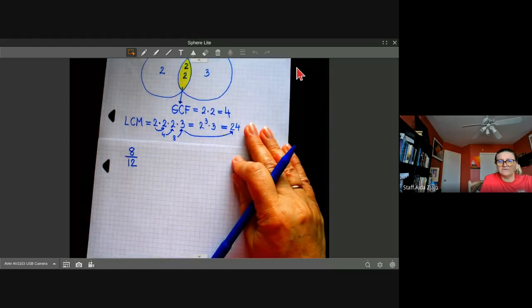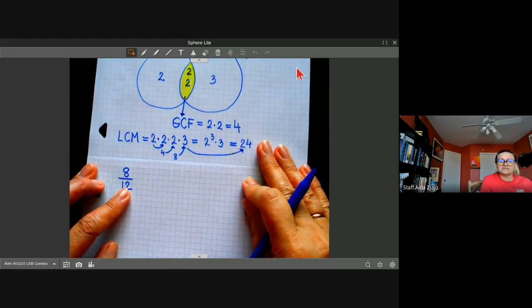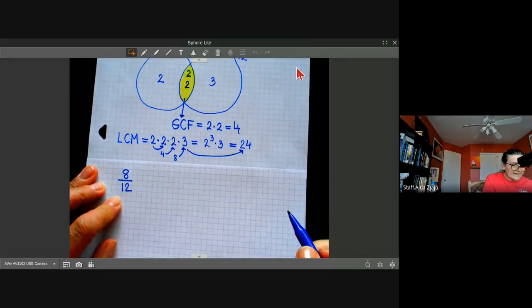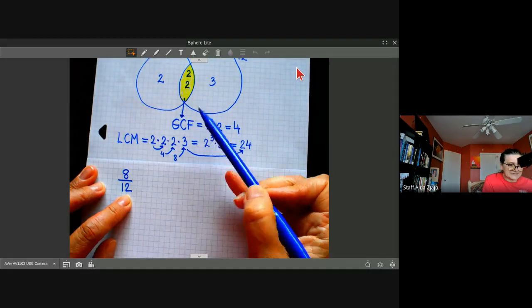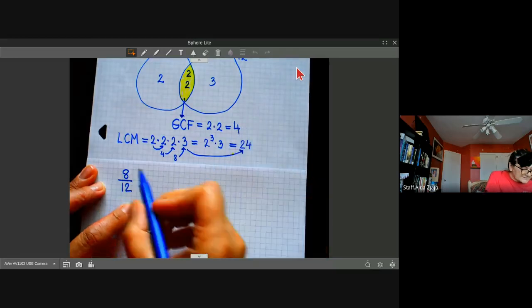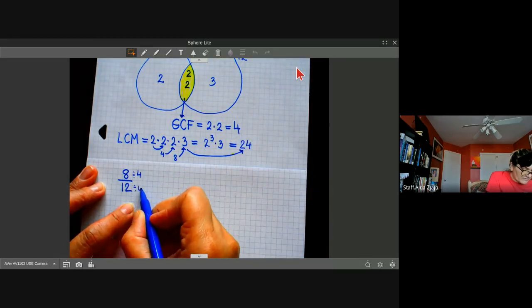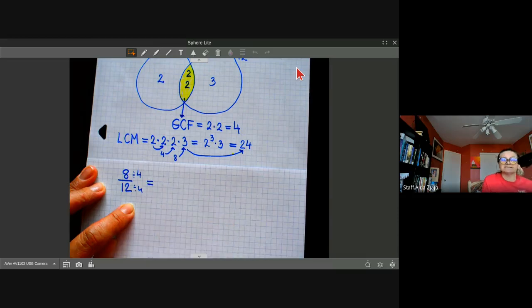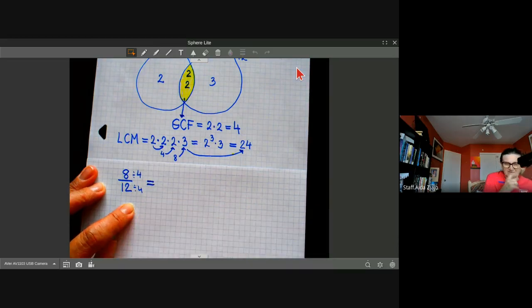Some of you will figure it out right away, but in case you don't, you can say, I can find their greatest common factor, and in this case it is 4. So that means I can divide the numerator and denominator by 4, and I will have a simple reduced fraction or simple form of that fraction.